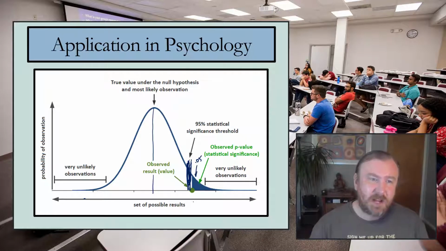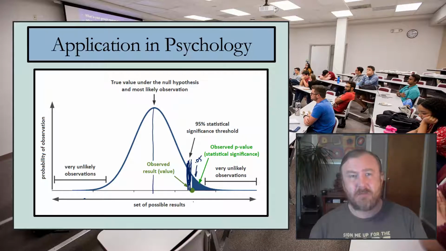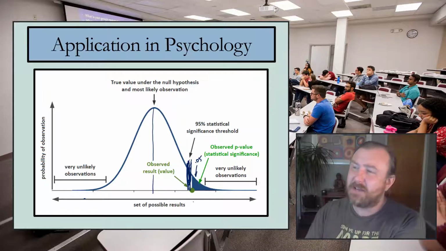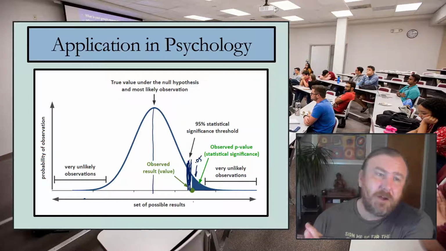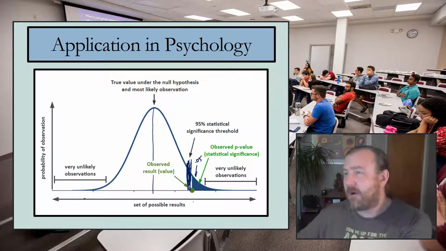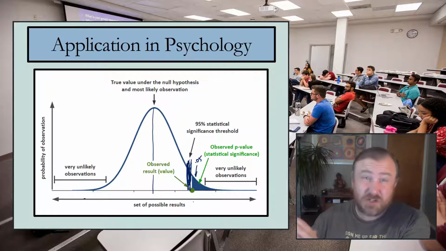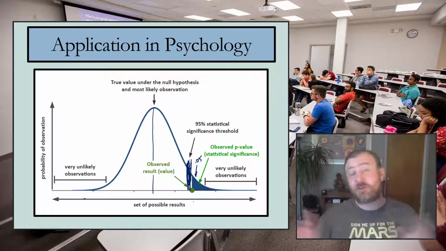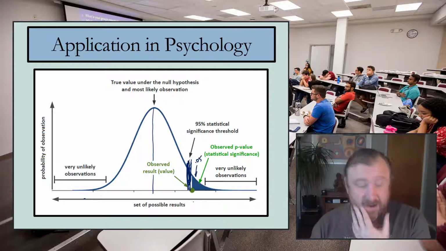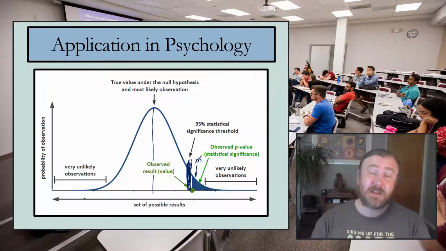And so we have a situation here where we're saying that 5% of the time we will be wrong. 5% of the time we just randomly selected a group of people who were significantly higher on this mean, and it was just sheer random error. It has nothing to do with our treatment or something like that. But 95% of the time, it will have something to do with the treatment.